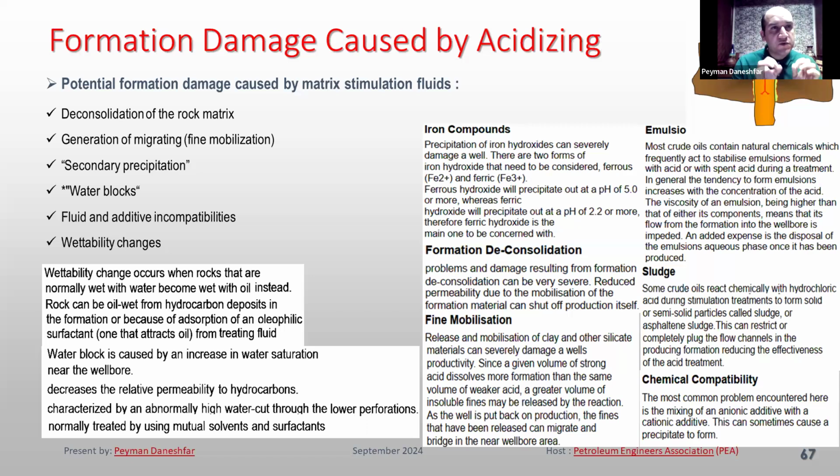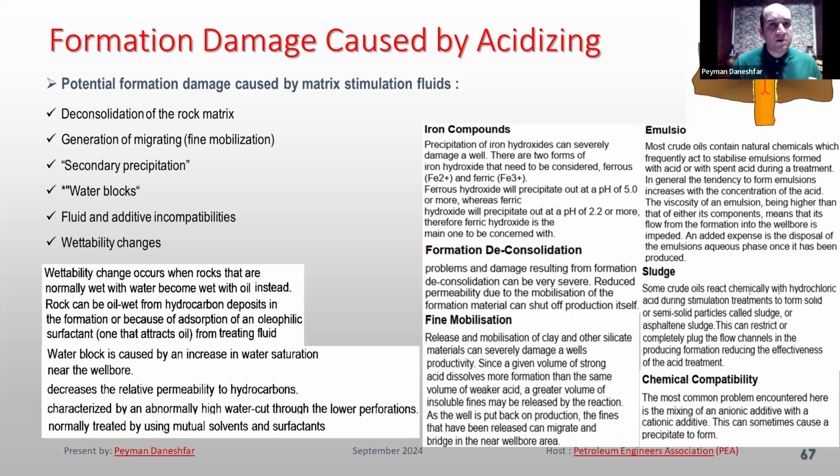It is one of the dangerous damages that can occur after acidizing, because in acidizing we should take more care about the iron control additive, because precipitation of iron hydroxide can severely damage a well.